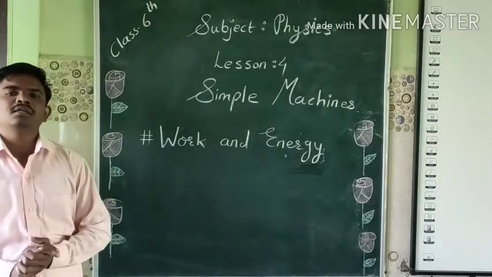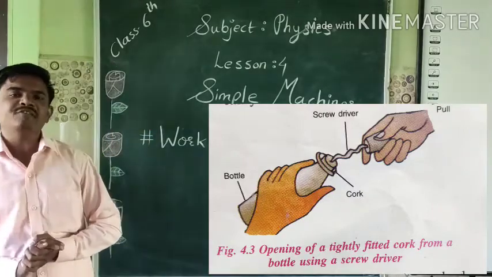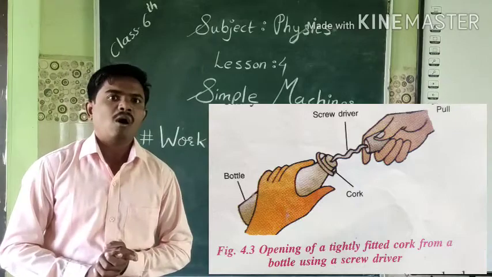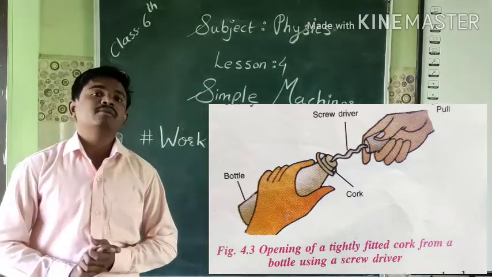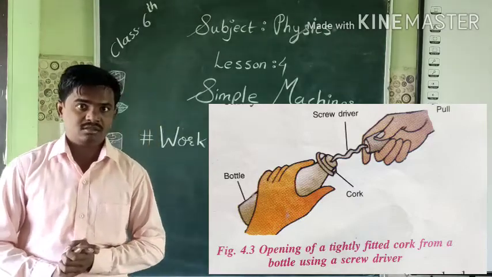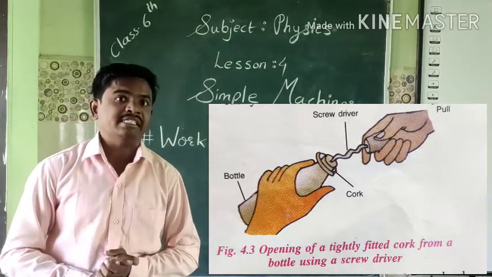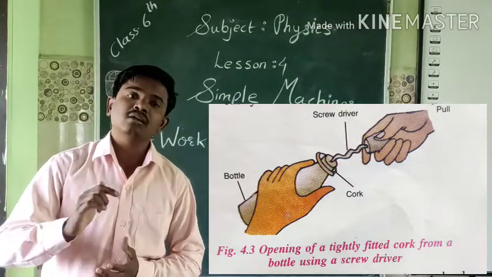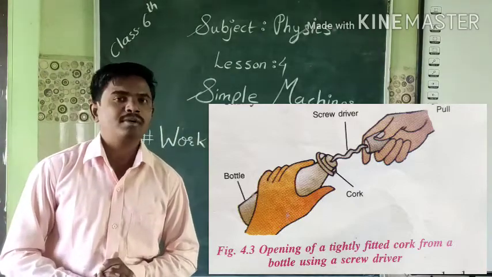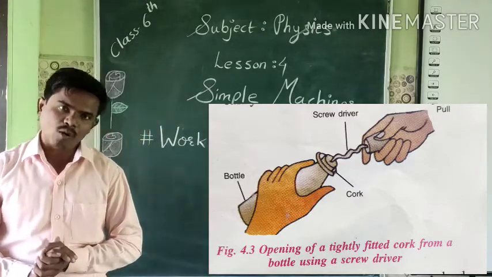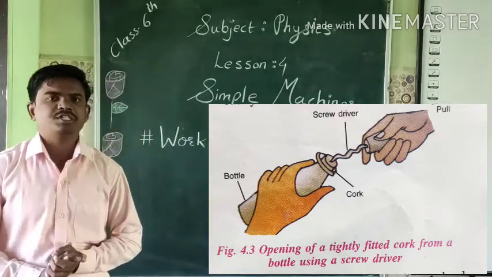Another example: it is very difficult to open a tightly fitted cork on a bottle. So you take the help of a screwdriver. The screwdriver is inserted in the cork, and we are easily able to open the cork from the bottle. So here the screwdriver is used as a simple machine.